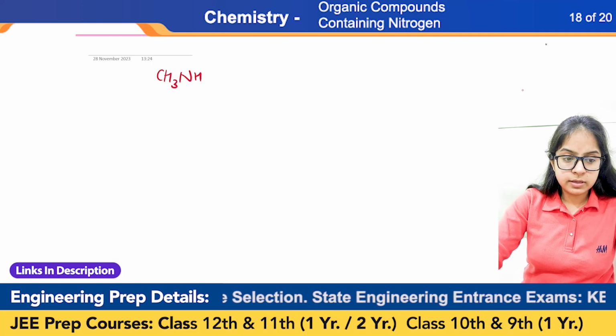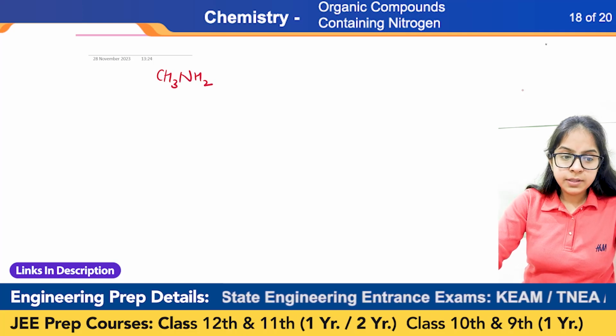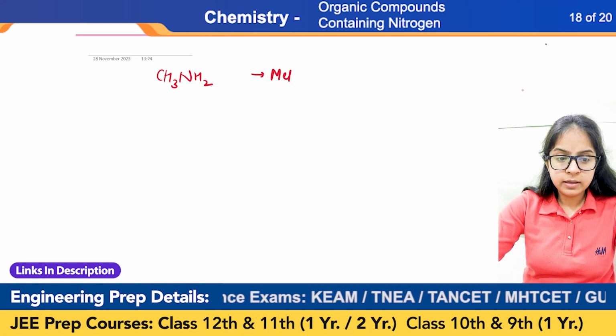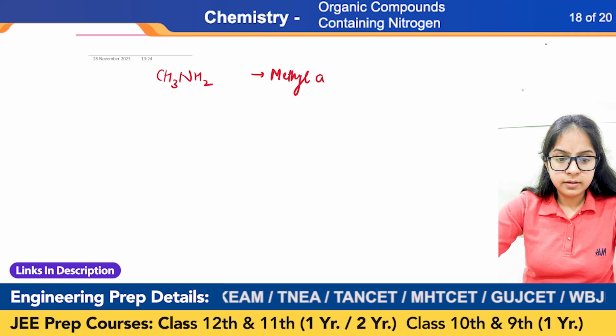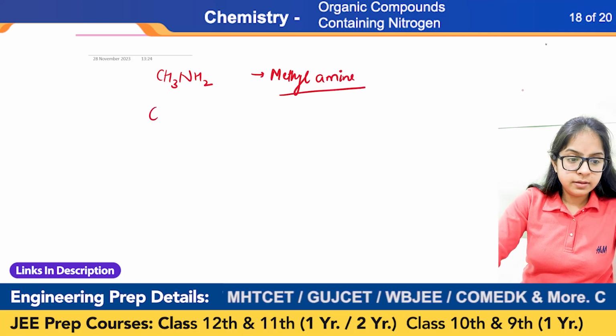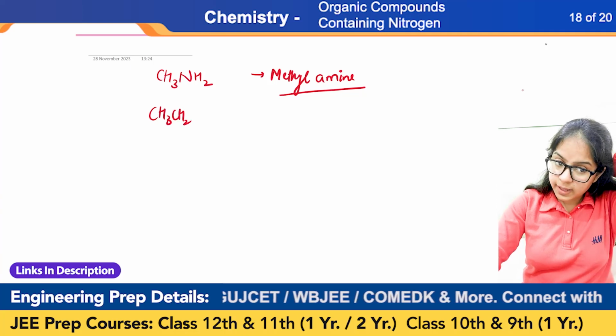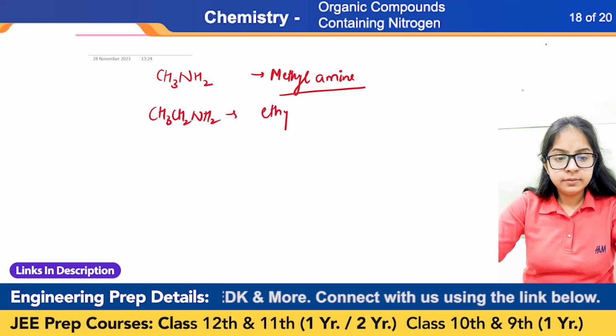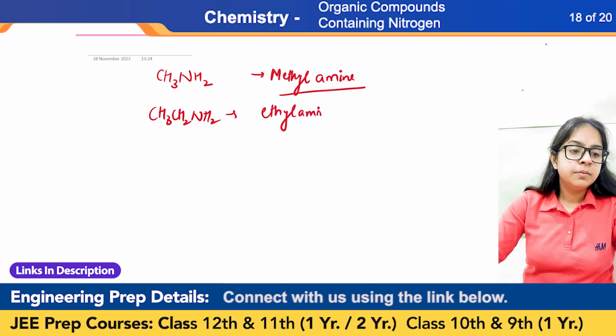This is a primary amine, so this is methylamine. CH3CH2NH2 is ethylamine. This is for the primary amines.